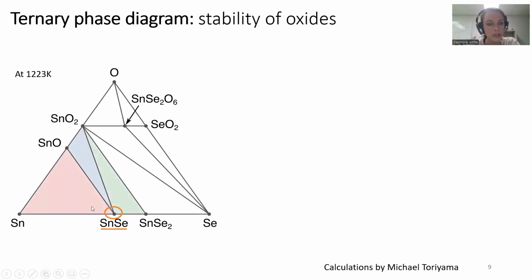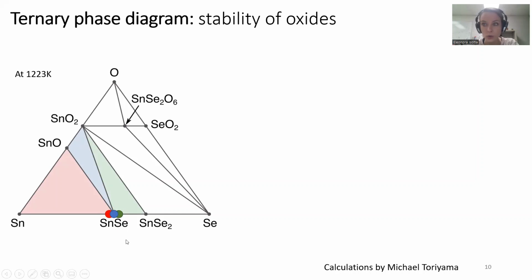For tin-rich tin selenide, we see that the secondary phases that we should form are tin and tin oxide. For high amount of oxygen and roughly intermediate stoichiometry of tin and selenium, the secondary phases that should form are the two types of oxide, while for tin-poor tin selenide, we should form tin diselenide and tin dioxide.